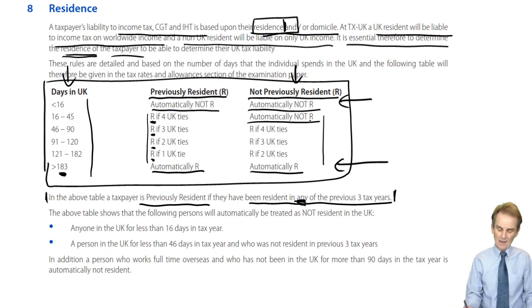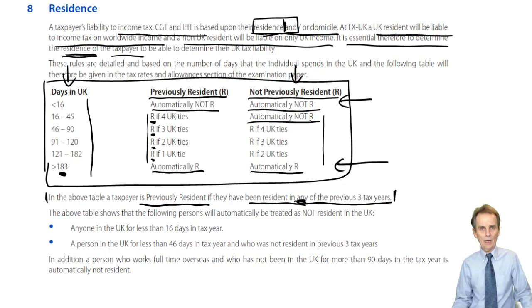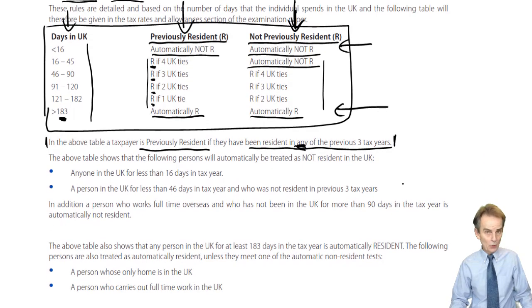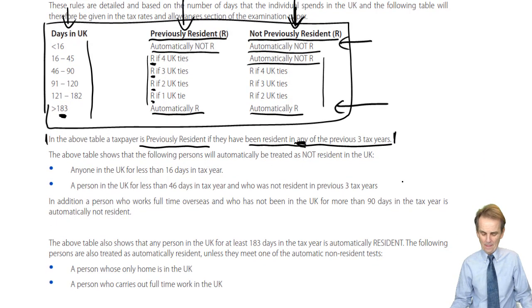So, that's the first thing. Those columns, therefore: was the taxpayer resident in any of the preceding 3 tax years? So you need to know, first of all, that characteristic to know which column we're looking at in terms of our analysis. We'll use these columns in examples soon.